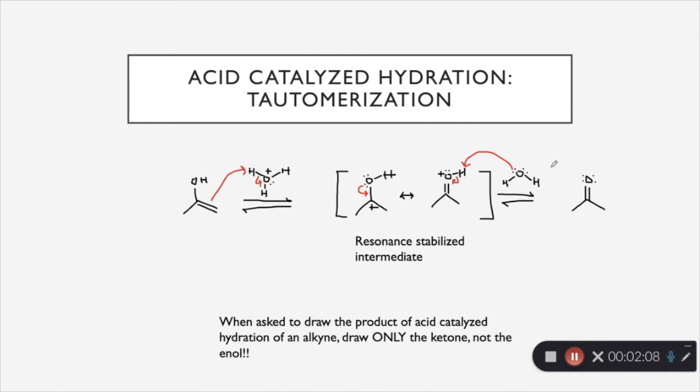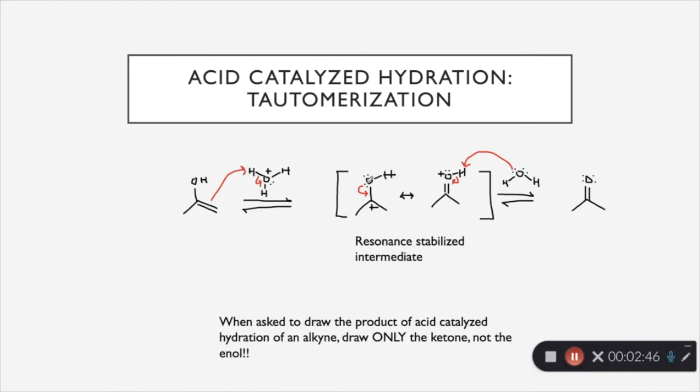Now we're going to go through the mechanism of acid-catalyzed tautomerization. The double bond of the enol, which is the intermediate, is going to grab a hydrogen from there. It's going to donate its electrons back to the H3O+ to produce H2O. And then you have a resonance stabilized intermediate. After this is protonated, you have a positive charge, a carbocation right here, and notice that this is one of the resonance patterns.